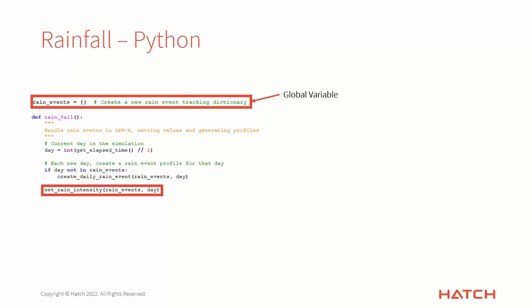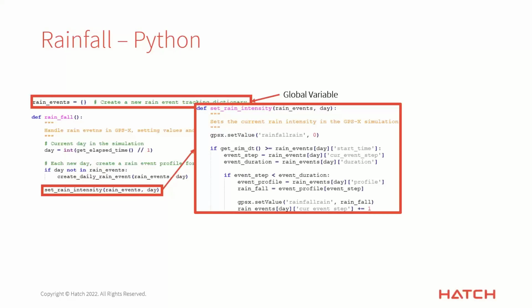Stepping back into our main function one more time, we have one more custom function call, which is going to be set rain intensity, where we provide our rain events in the current day, and we first set the rainfall to be equal to 0 so that we have that default when there is no rain occurring. We then check to see if our current simulation time is greater than the start time of a rain event. If it is, we get the current step throughout our rain profile and the duration of the event.